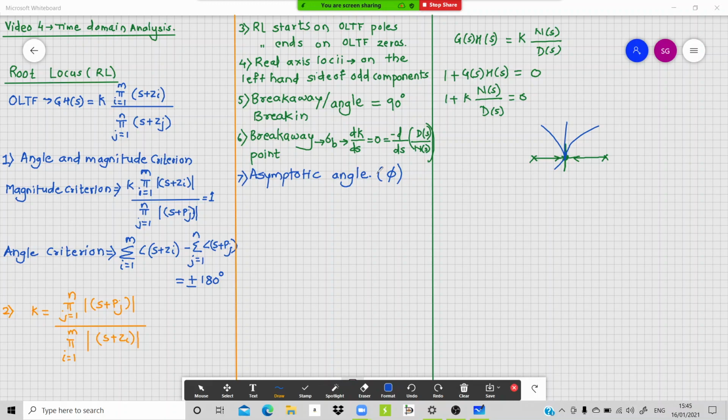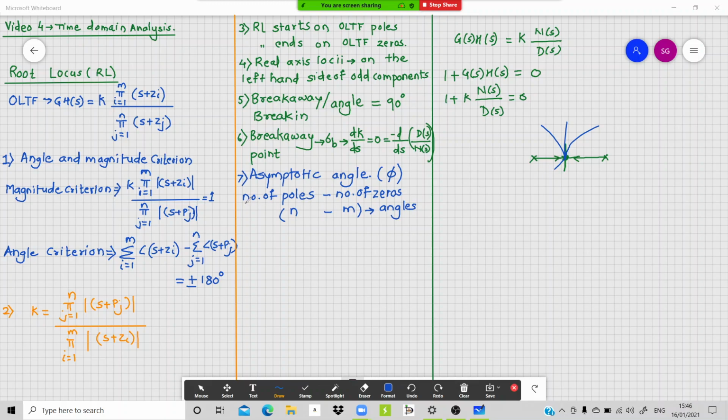It depends on the number of poles minus the number of zeros, that is n minus m. So you are going to have n minus m asymptotic angles, because that many branches will go towards infinity.